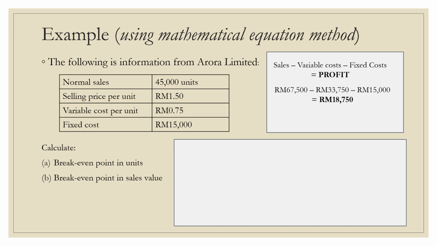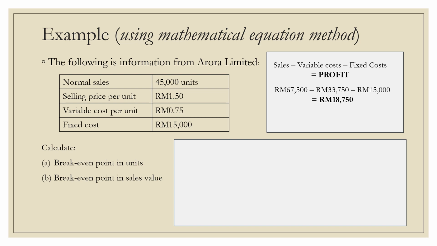Then you minus the variable cost: the normal sales 45,000 times the variable cost per unit of 75 cents, which equals 33,750. Then you minus the fixed cost of 15,000, and you get a profit of 18,750.